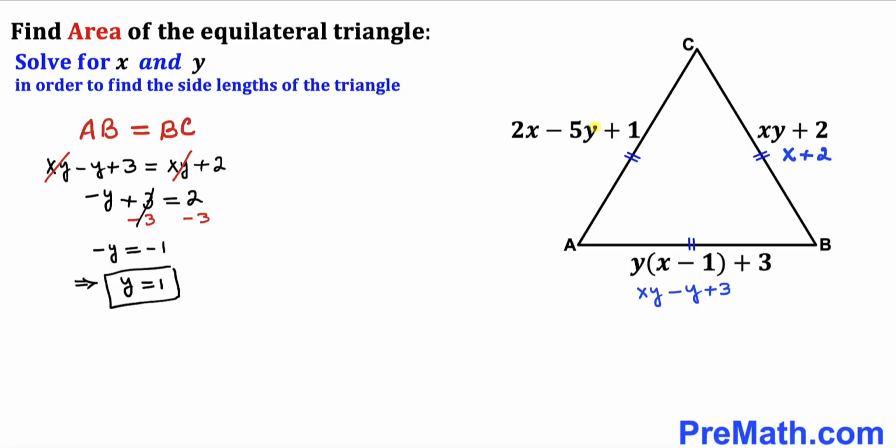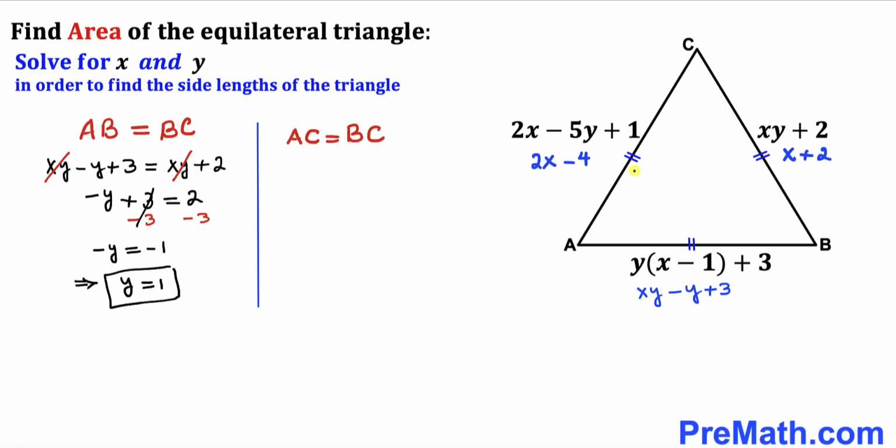And replacing y by 1 here, this expression could be written as 2x minus 5 times 1 plus 1. Let's simplify. 2x minus 5 plus 1 gives us 2x minus 4.